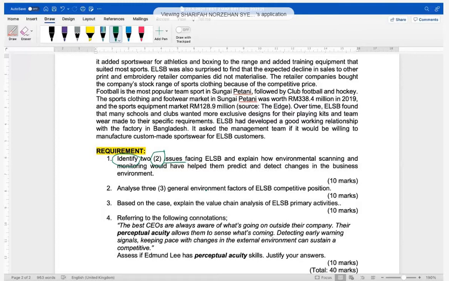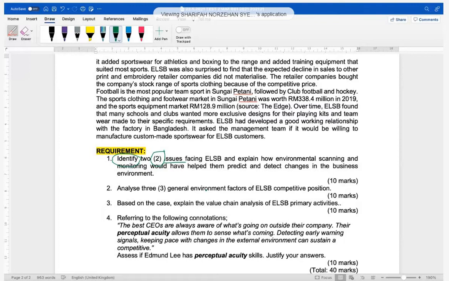But the way that you tell your boss, in a practical situation, is that since you are asking for issues, I've got several issues that I want to highlight, but I have already identified the most important issues out of all the issues. Basically, that's how it is.